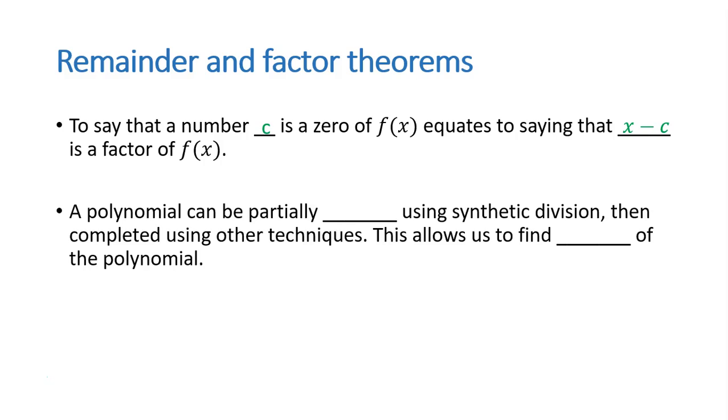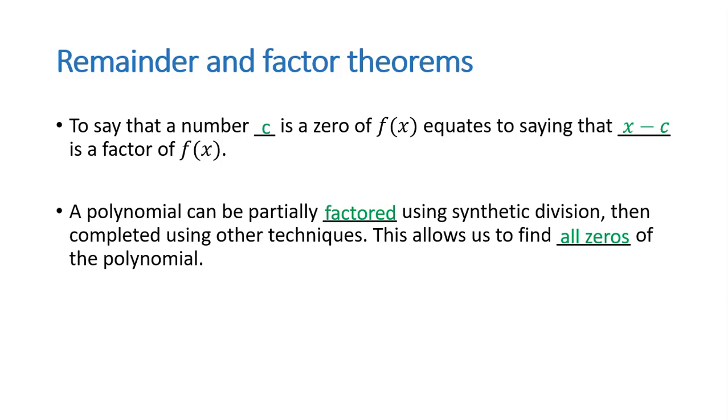So this means that a polynomial can be partially factored using synthetic division. Once we find something that divides in evenly, we found one of the factors. Then we can complete the factorization using other techniques. And this is going to allow us to find all our zeros, all our x-intercepts for our polynomial, regardless of how high the exponent is.